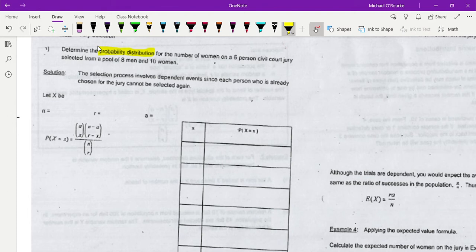So maybe write that in your notes to your future self, on the very bottom. Just write, if you see the words probability distribution, it means make a table, then make a graph.